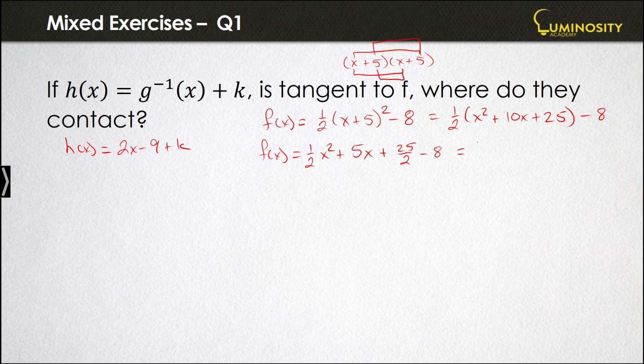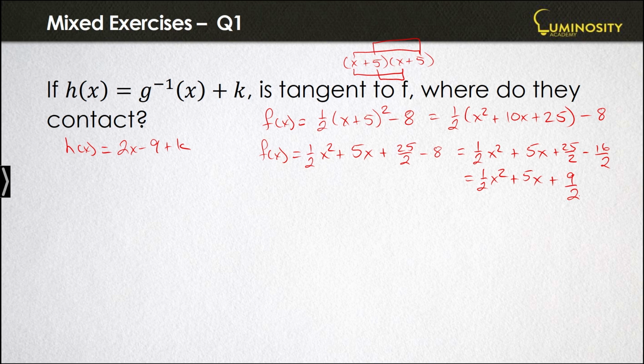So this is going to be the same thing as 1/2 x squared plus 5x plus 25 over 2 minus 16 over 2. We just converted the 8 into halves. And this will give us 1/2 x squared plus 5x plus, and now 25 minus 16 is 9 over 2.